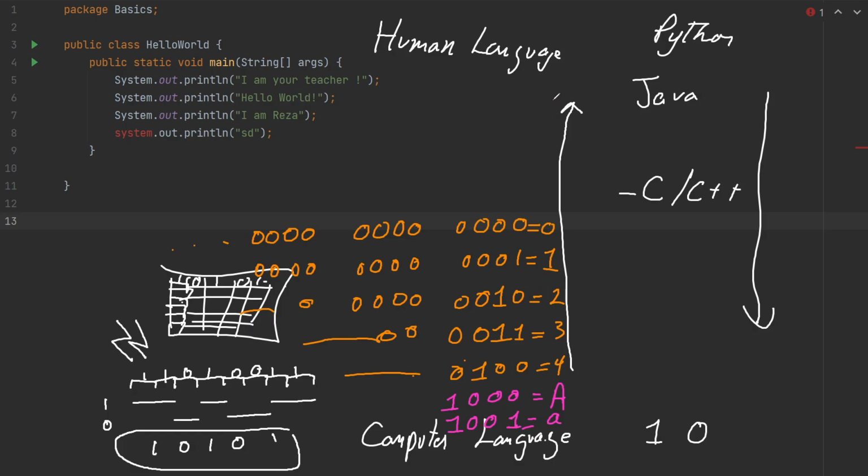Now the problem comes in when we've written our Java code and now we want to compile it and make it into something runnable, we need to go back down that path we came. We need to make this Java code into a more computer language.